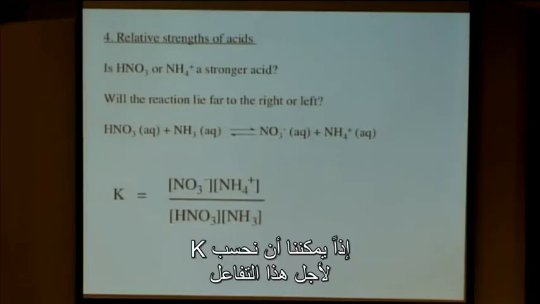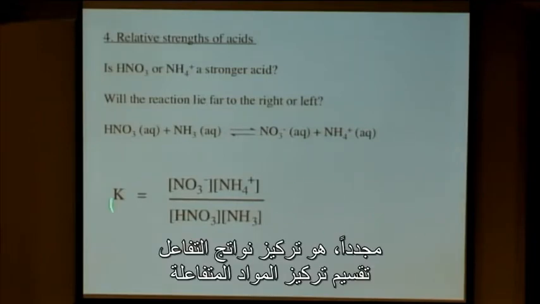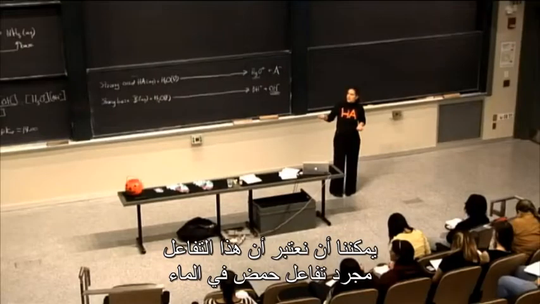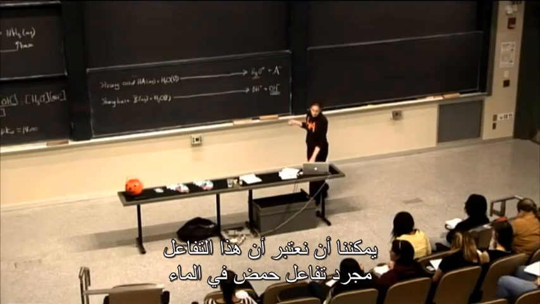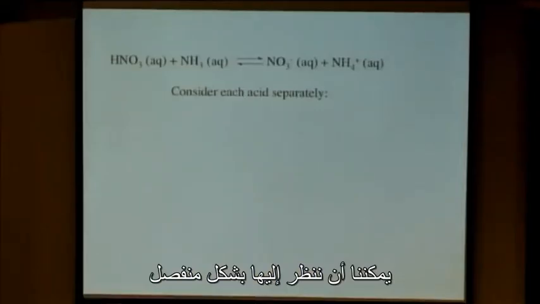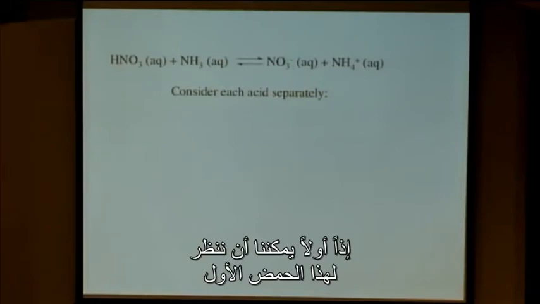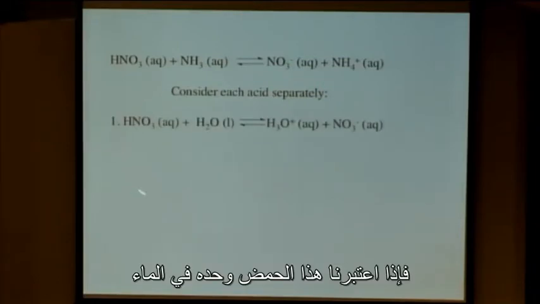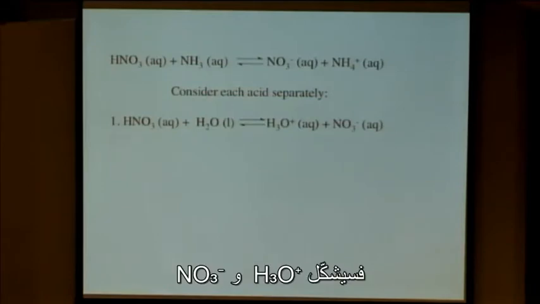So we can consider the K for the overall reaction, again, just products over reactants here. And we can also consider the reaction for just each acid alone in water. So first, we can take a look at one acid. If we take a look at this acid alone in water, it will form H3O plus and NH3 minus.